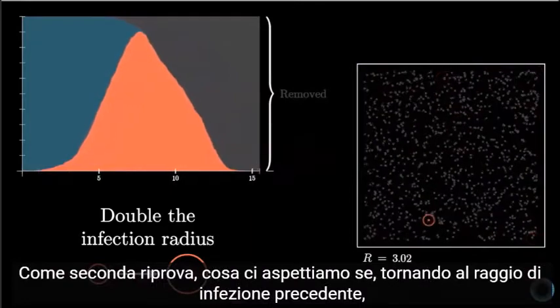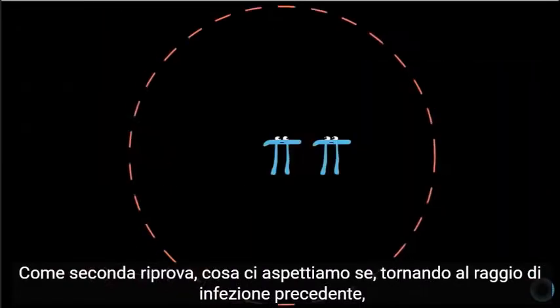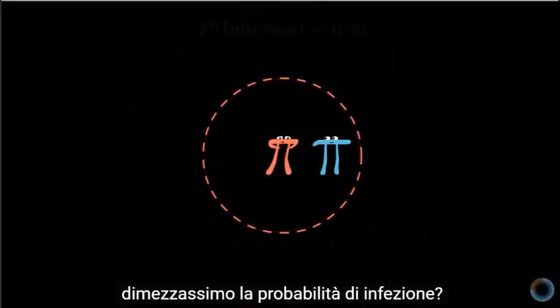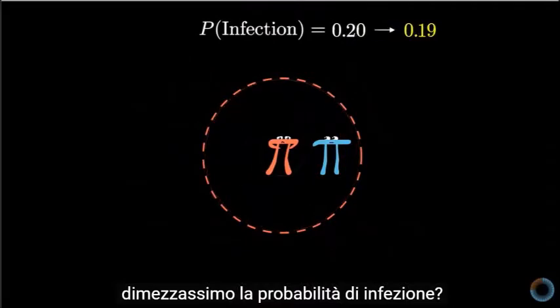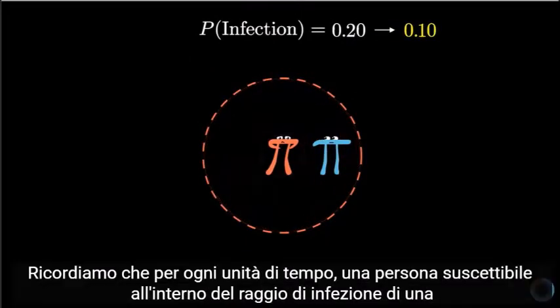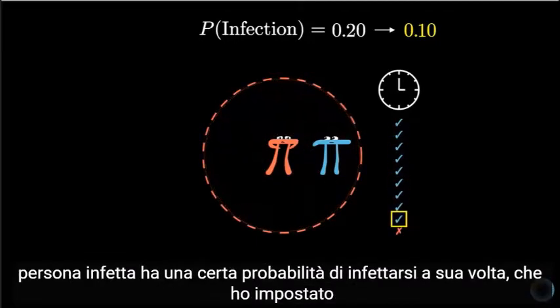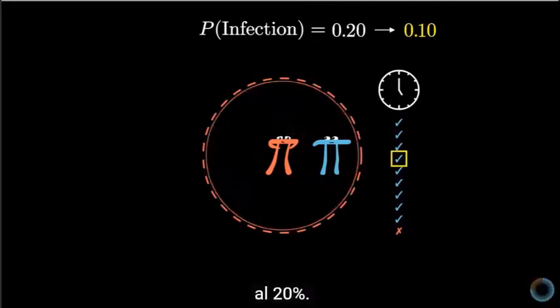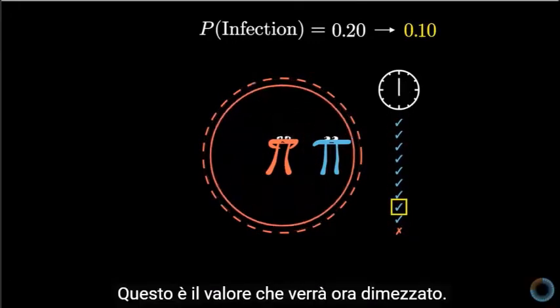As another sanity check, what would you expect if we go back to the original infection radius and then we cut the probability of infection in half? Remember, the way this is running, for each day that a susceptible person is within that radius of an infectious person, they have some probability of becoming infected. By default, I've set it to 20%, but this is the number that we're now going to cut in half.